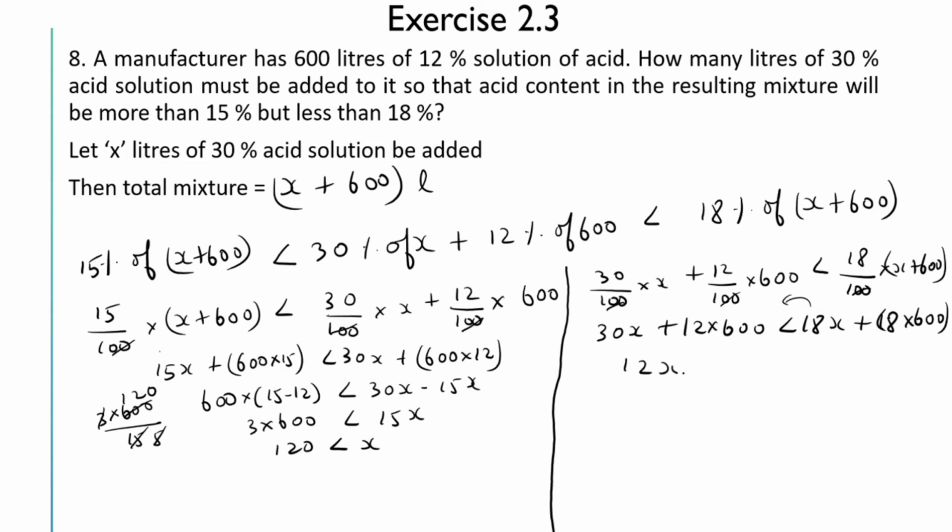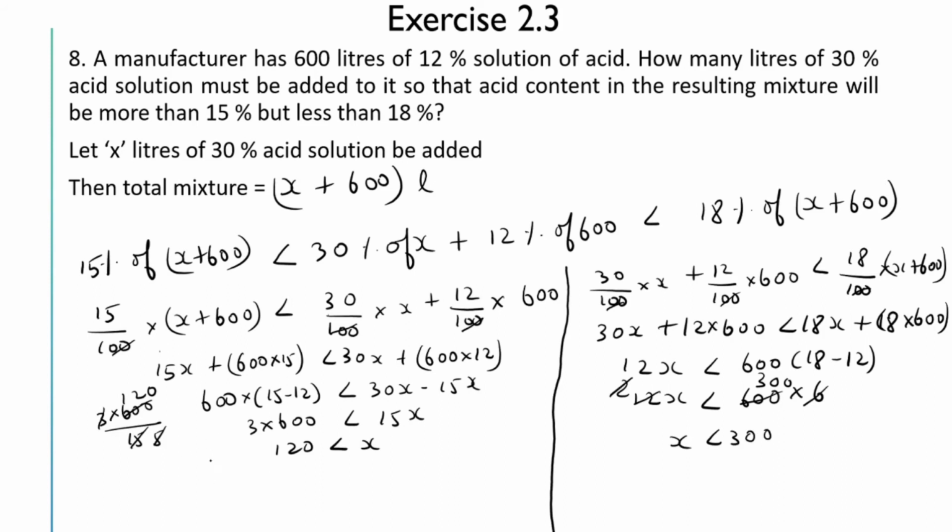So it is 12x, 12x is less than 600 into 18 minus 12, bringing this to the other side. So we get 12x is less than 600 into 6, or this will go 2 times and this is 300. So x is less than 300.